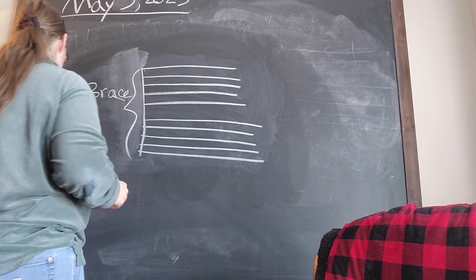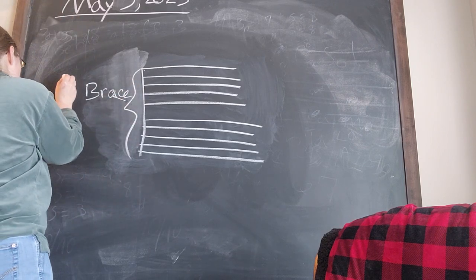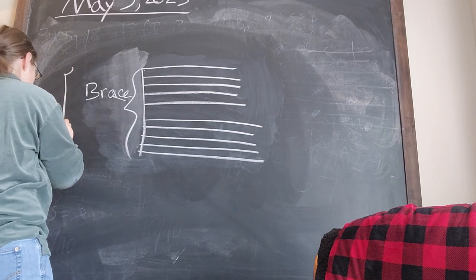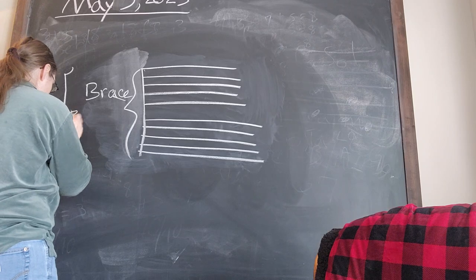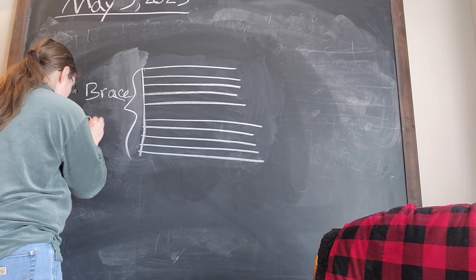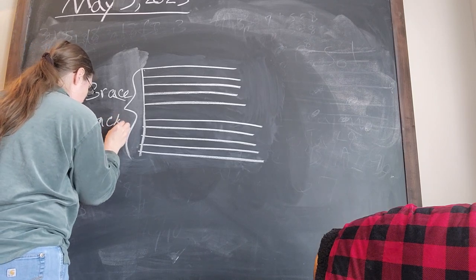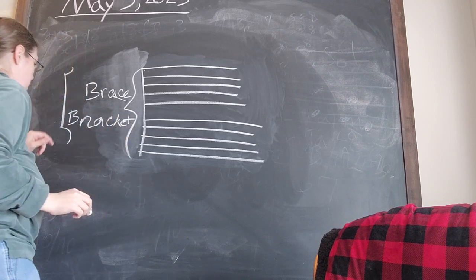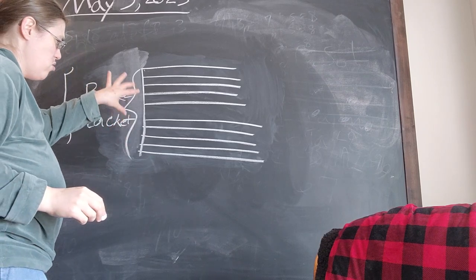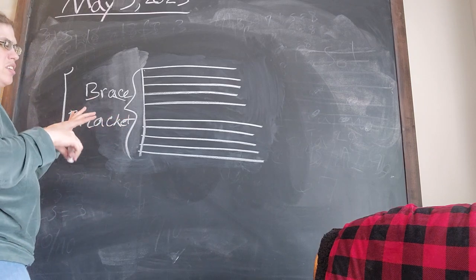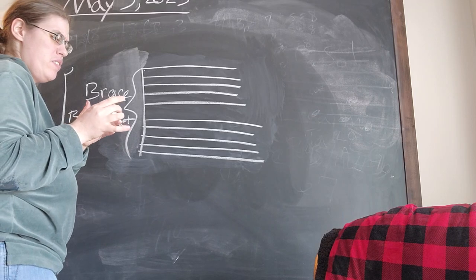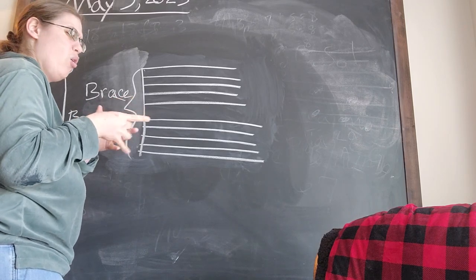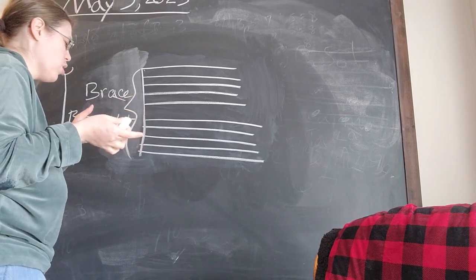There is another symbol that looks like this. This is called a bracket. The brace is used for instruments and staves of the same family or divisions, more or less.